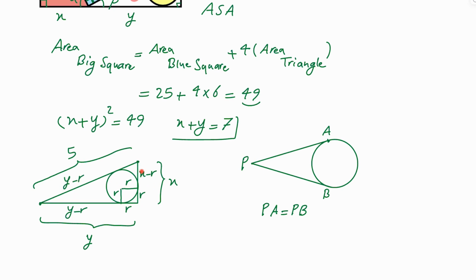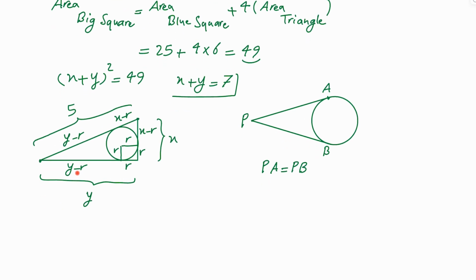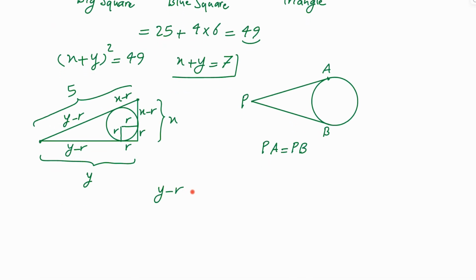And from this point we have two tangent lines. This segment is x minus r, this should be x minus r. So we have a relationship between these two segments and this side of the square. So we can write y minus r plus x minus r should be equal to 5. And if we simplify it, x plus y minus 2r is equal to 5.